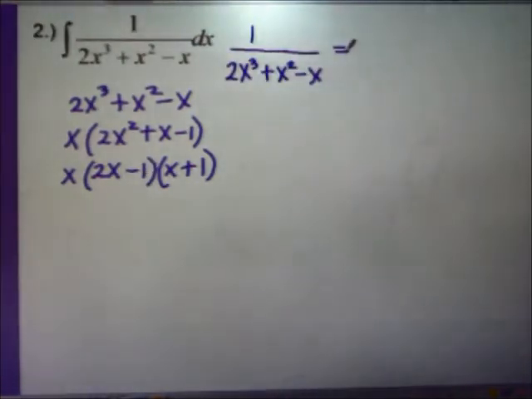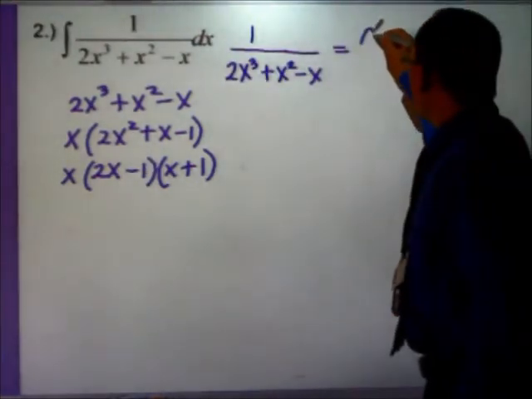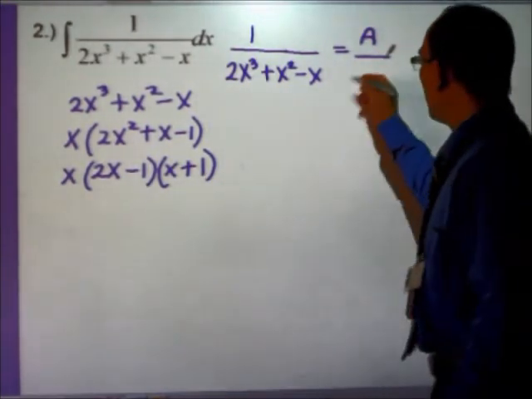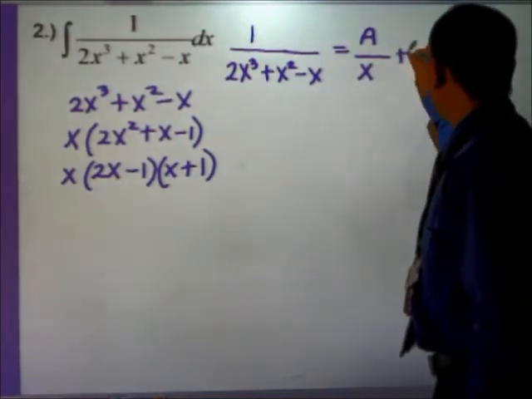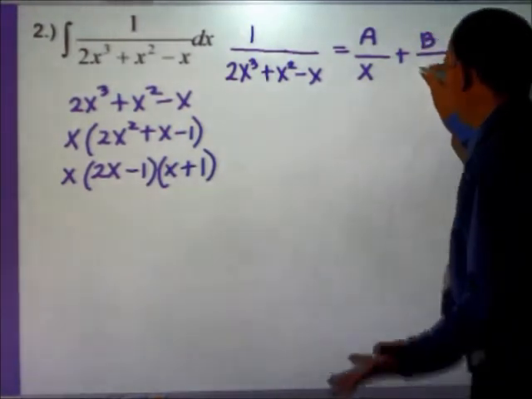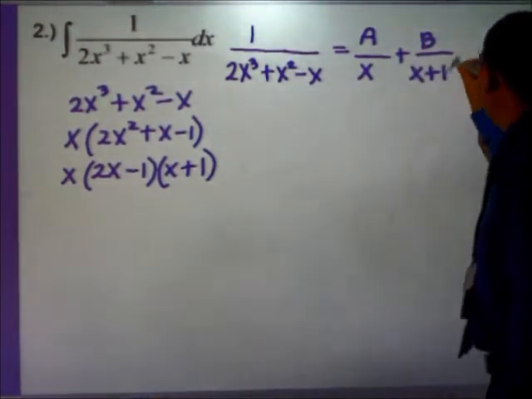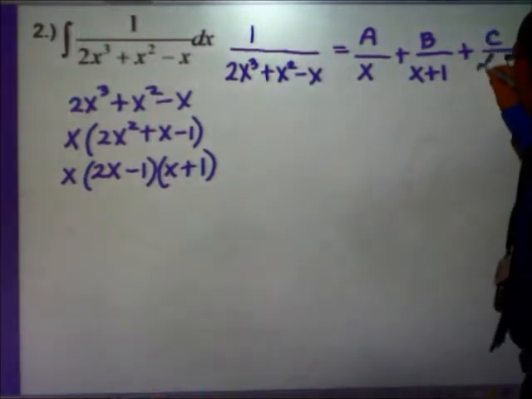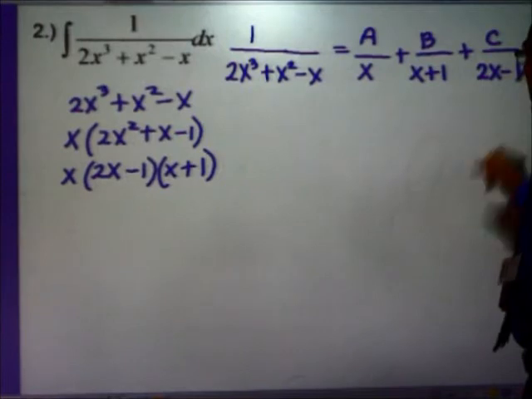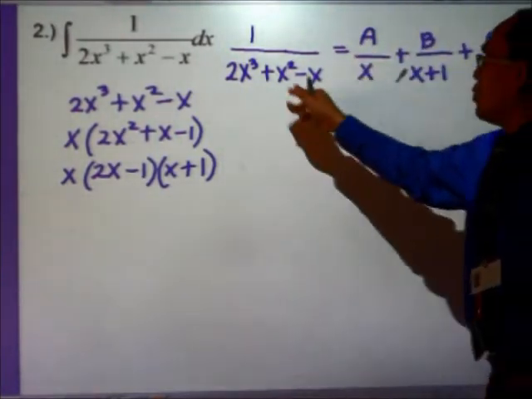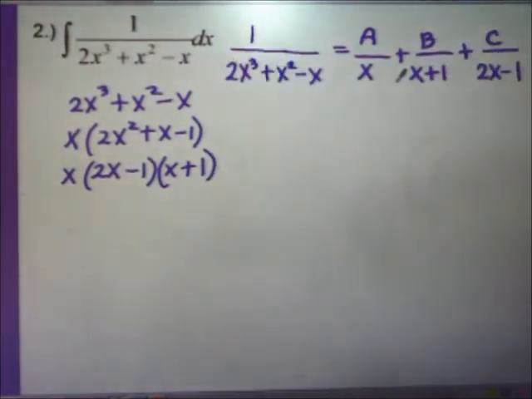We assume that there are constants: a over the first factor x, plus another constant b over the second factor x plus 1, plus another constant c over the other factor 2x minus 1, such that when you add this part here, it will give you this one. So that's our concern now.